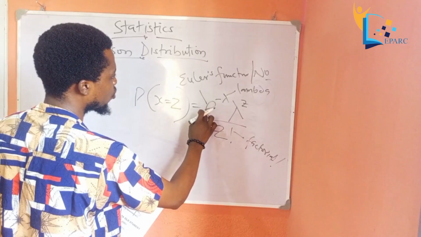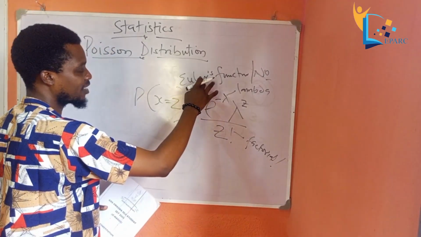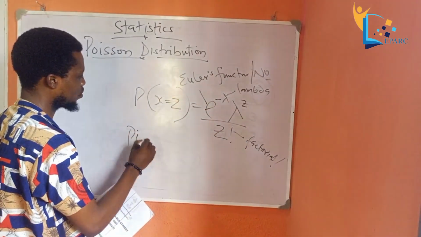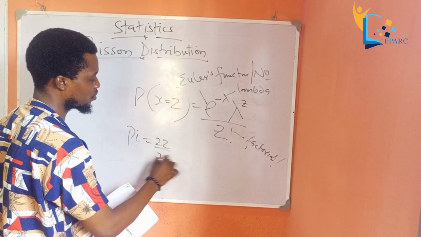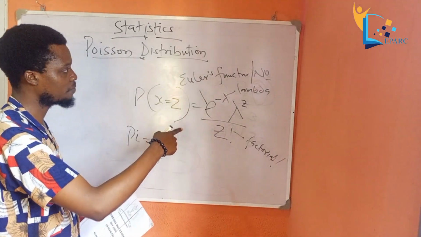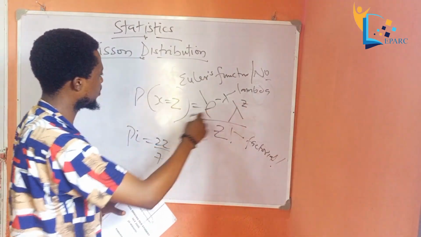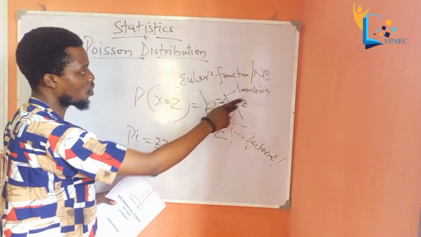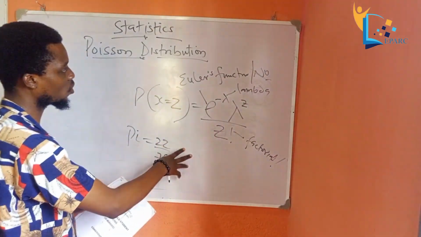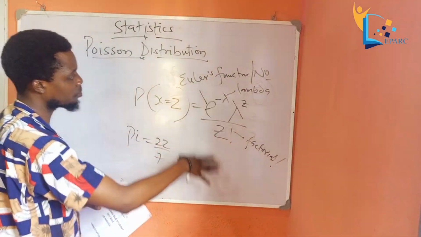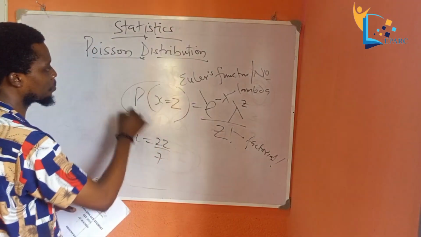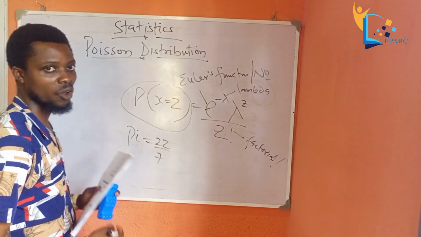Then this Euler function is a constant, just like we have pi, 22/7, which is a constant. While the Z is the number of events occurring, the lambda is the average number of events occurring. This is the probability of an event occurring.